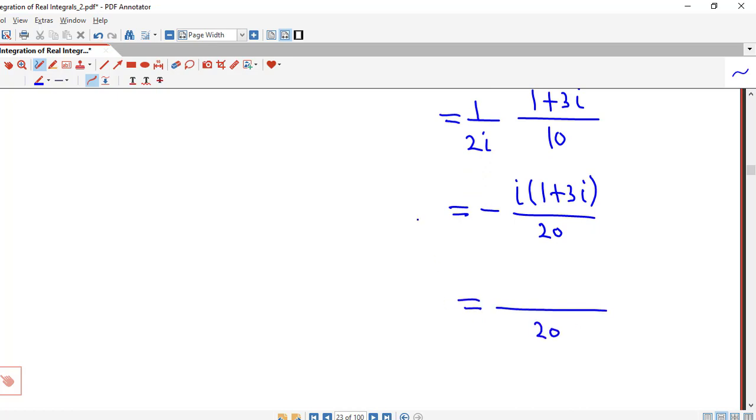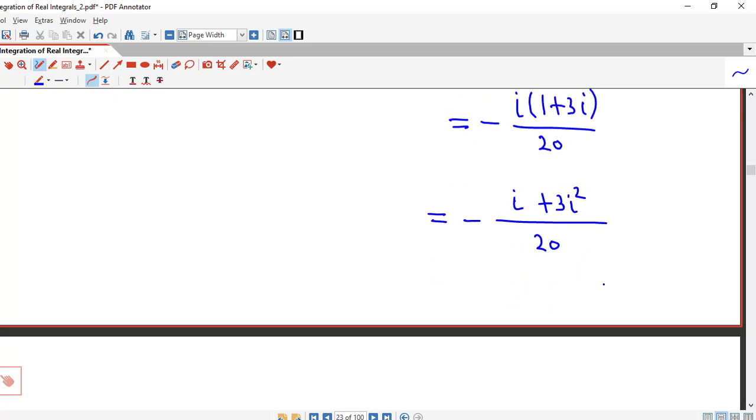So I can take multiplication by minus I here, or I can multiply with I, so I have I plus 3I square, and because I square is minus 1, we have I minus 3 divided by 20, and if we take negative sign inside, we have 3 minus I divided by 20, which is non-zero.